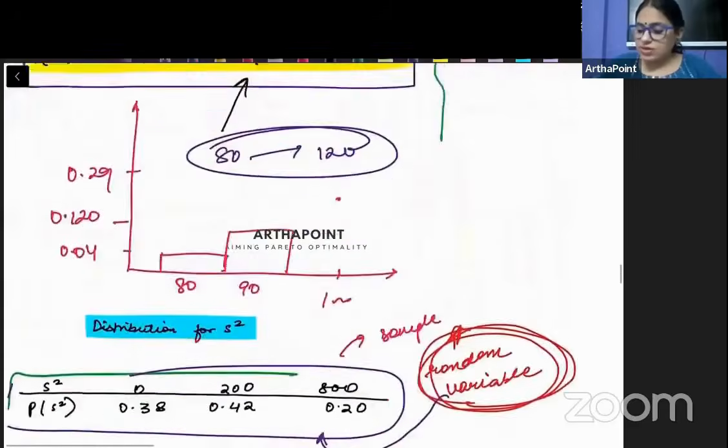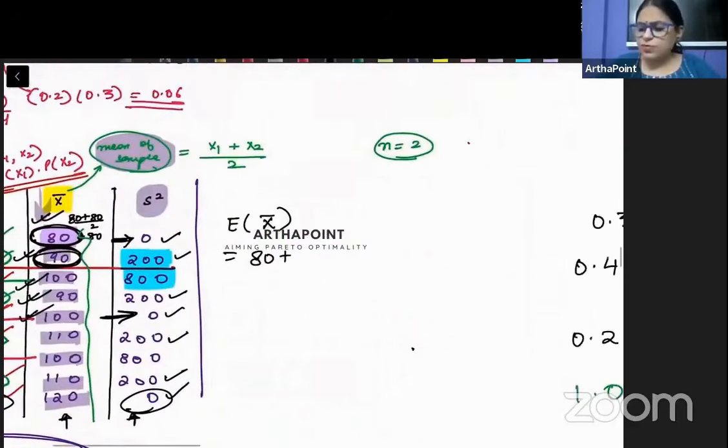So try to understand बेटा. How do you find expected value? एक बारी मुझे बात बताओ, कैसे निकलती है expected value? It is summation. जिस भी चीज का expected value निकालना है, multiplied with its probability.